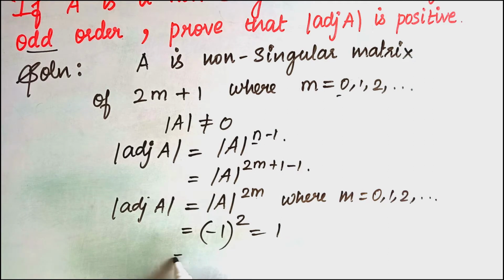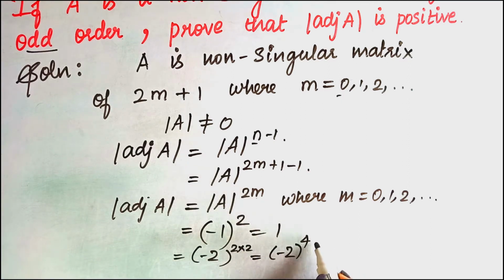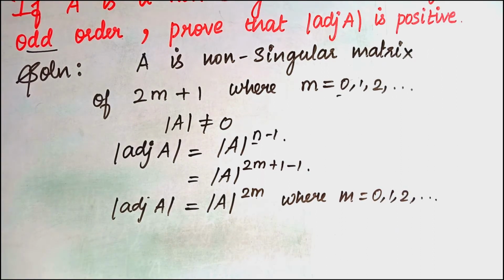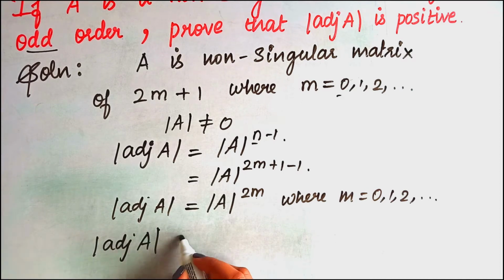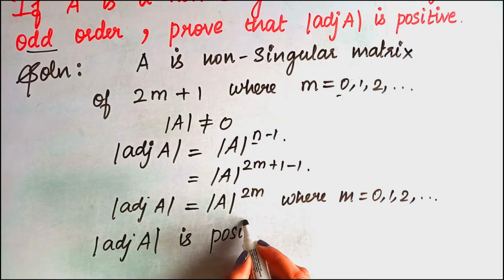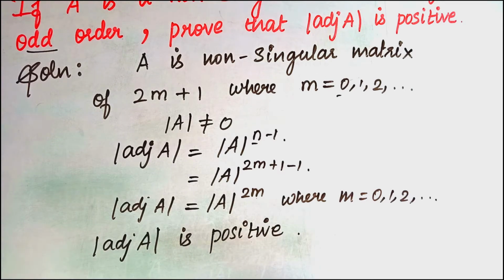And then I'm substituting minus 2 here, with 2 into 2 in the place of m, so that we'll get minus 2 power 4. The answer will be 16, which is a positive number. So you can see that this determinant of A power 2m is positive. Whatever we substitute in the place of determinant of A, we get a positive number. Therefore you can say that determinant of adjoint of A is positive. This is what we have to prove. Therefore we have proved it, and you can write it as hence proved.